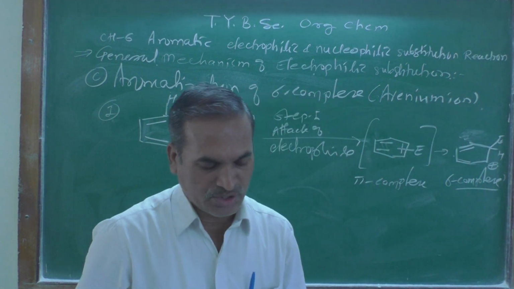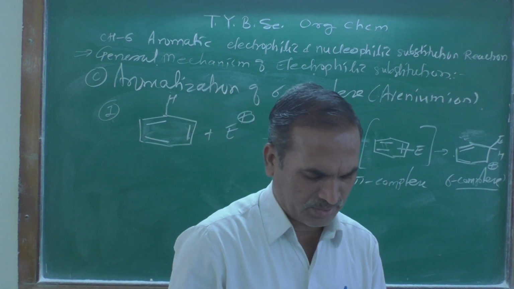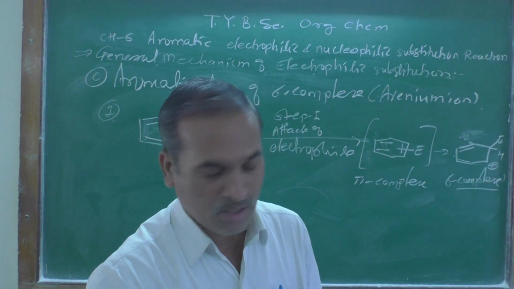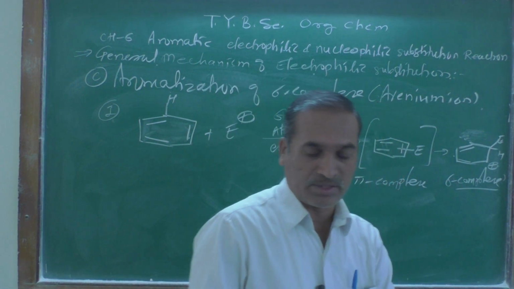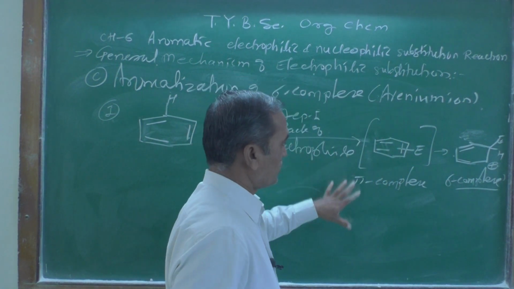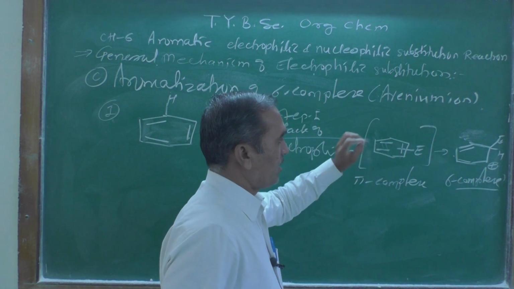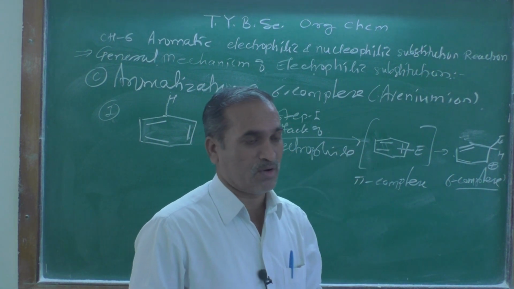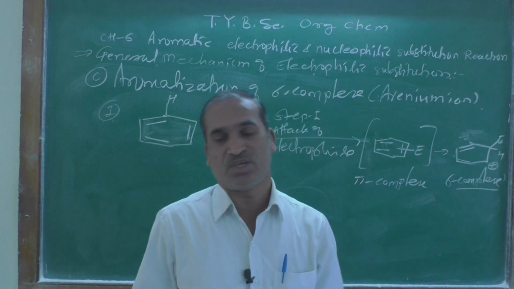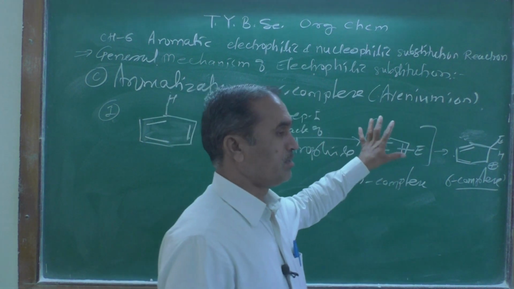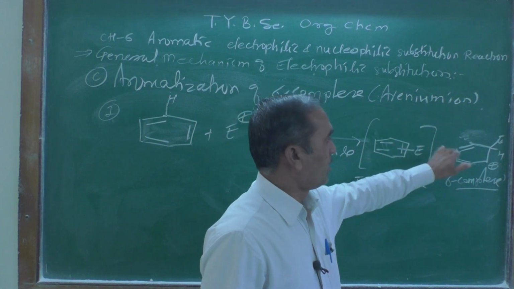This is generally what is formed in the first step: the pi complex and then the sigma complex. First the pi complex is formed, and its existence is shown when it is treated with iodine, where a change in color indicates that a pi complex has formed.